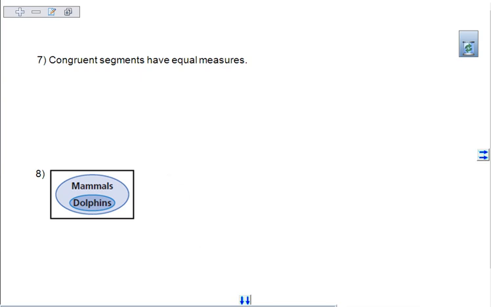Our next one, congruent segments have equal measures. So again, you need to think about what we're talking about. We are talking about segments, and our adjective is congruent. So that's going to be our hypothesis, and equal measures is our conclusion.